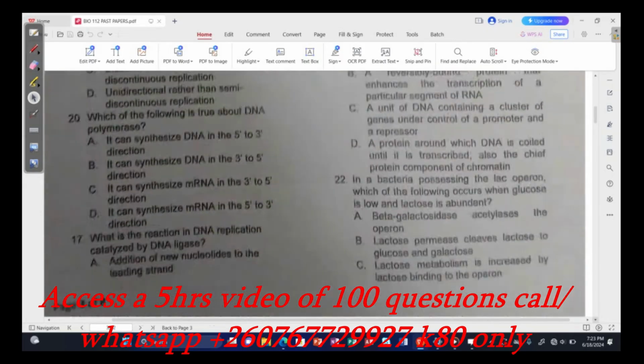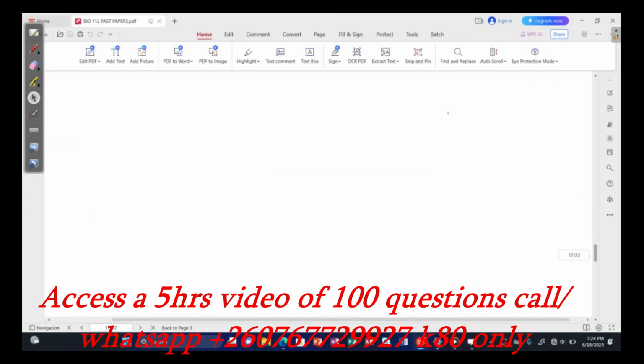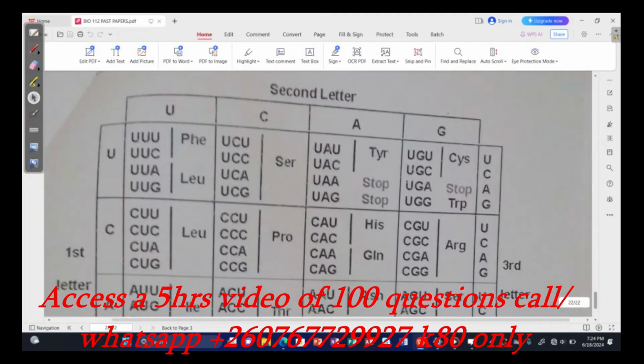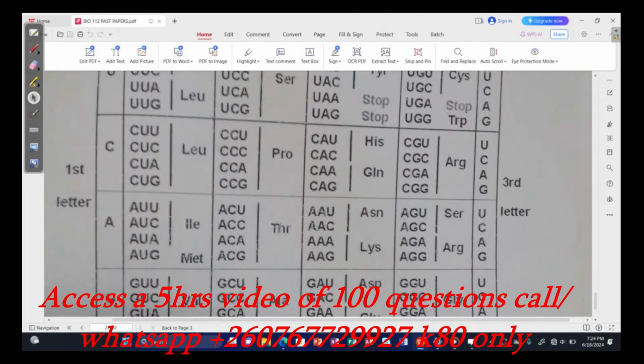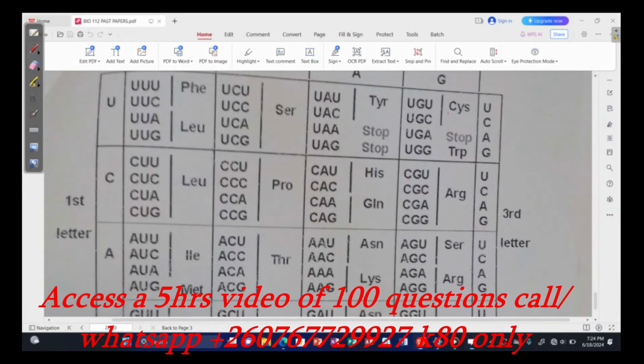So we have a genetic code here. Let's check how many codons specify phenylalanine. So here is the genetic code. Where is phenylalanine?